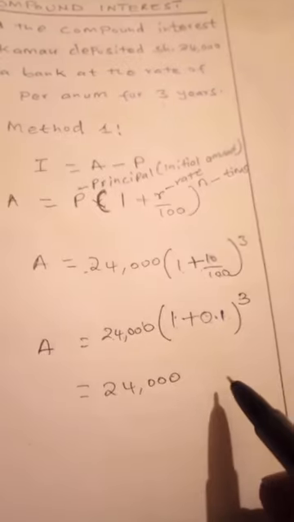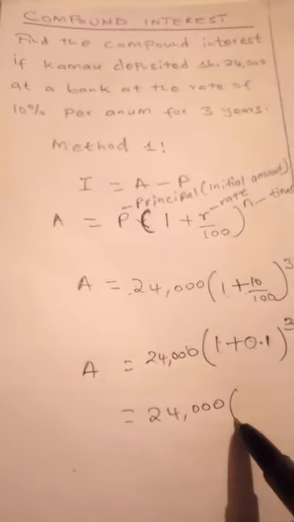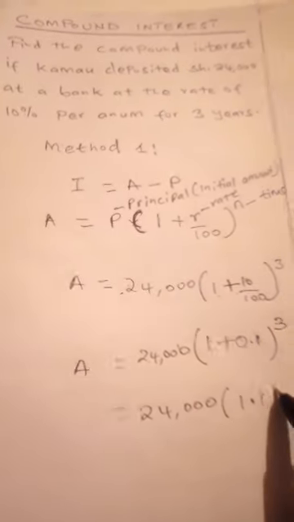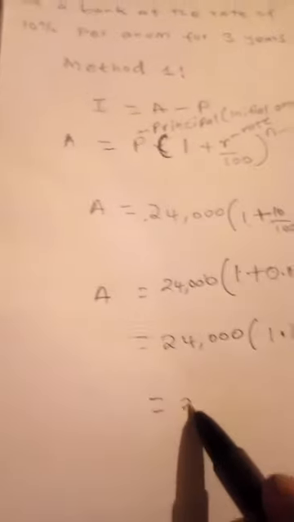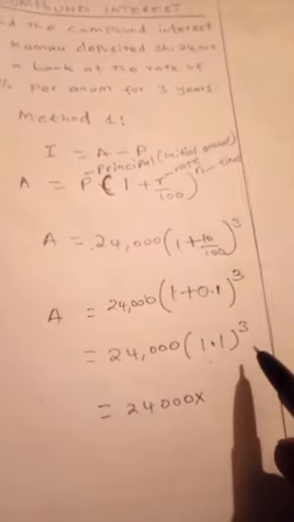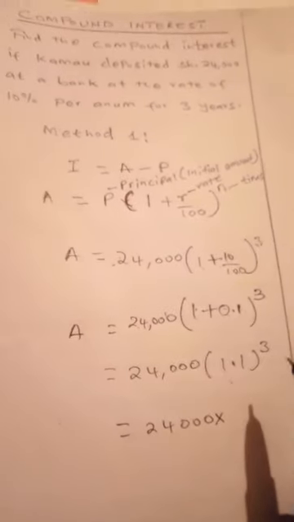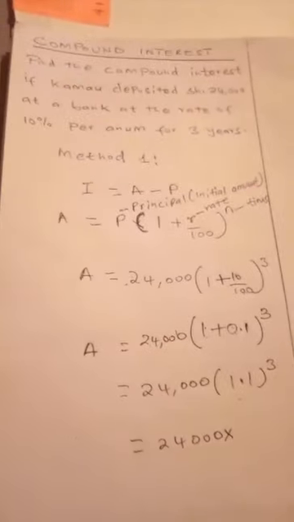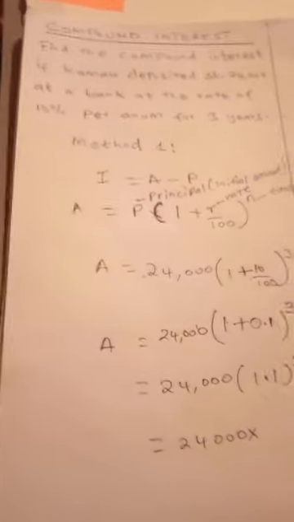So we are going to have 24,000, we open the brackets, 1.1, then to the power of 3. So what is 24,000 times 1.1 to the power of 3? We can remove the brackets.